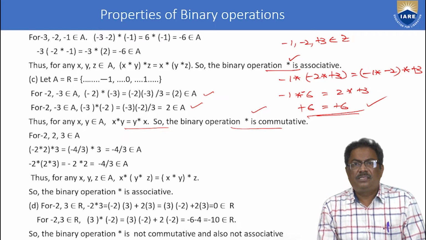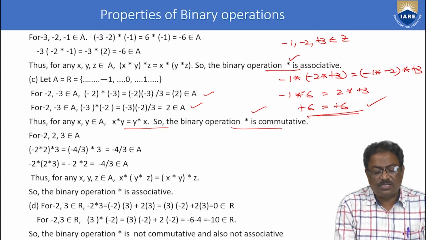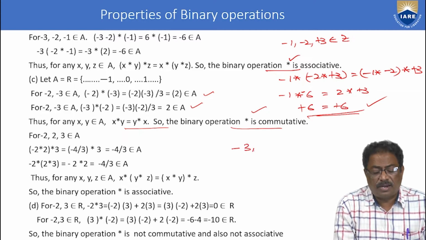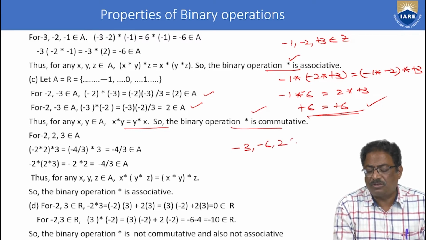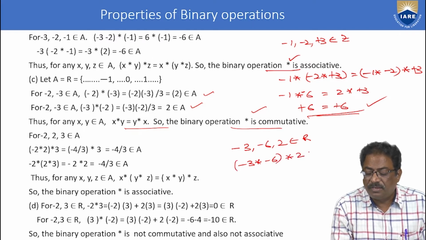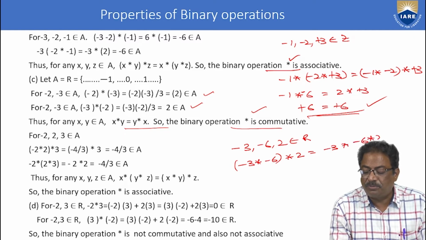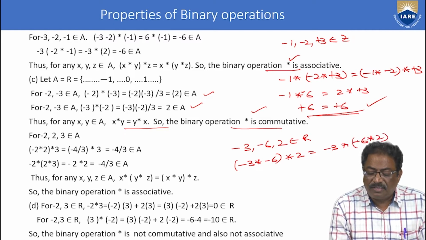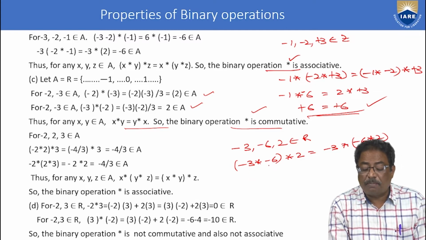And next, the associativeness. Here, considering any three elements, let us say -3, -6, and 2, belonging to R, then -3 star -6 and star 2 is equal to -3 star -6 star 2. Here x star y is xy by 3.